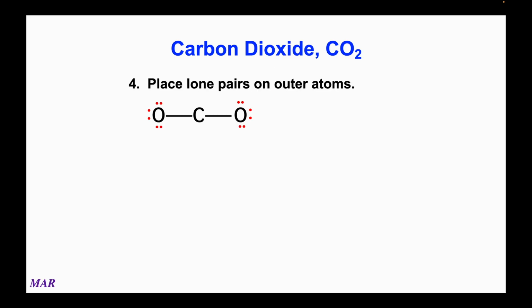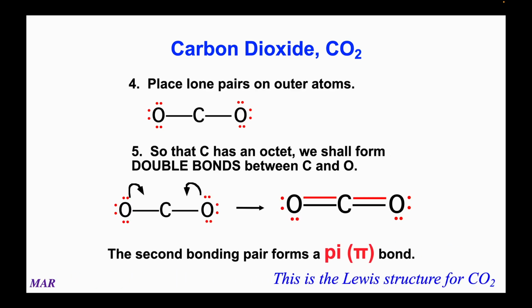So for this molecule, what we're going to do is share a lone pair on both the left and the right oxygens with the carbon. So you can see what happens there in the lower left-hand corner. The lone pair right there is being moved to a bonding pair with carbon. And we're going to do the same thing for this one right there. We're going to make a double bond.